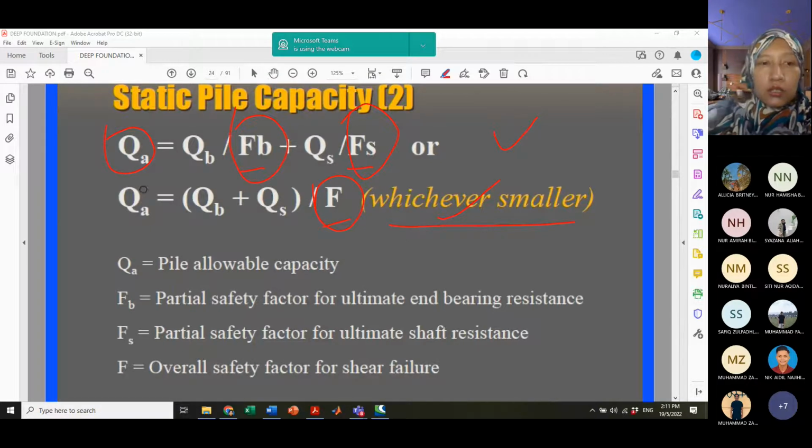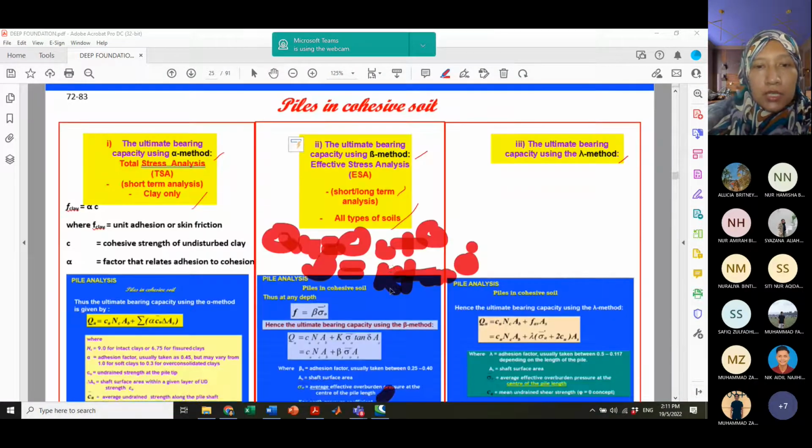So the allowable bearing capacity QA can be estimated from QU divided by FOS. So QA equals (QB plus QS) over F. Or you can calculate the allowable bearing capacity on partial values such as QB divided by Fb plus QS over Fs.